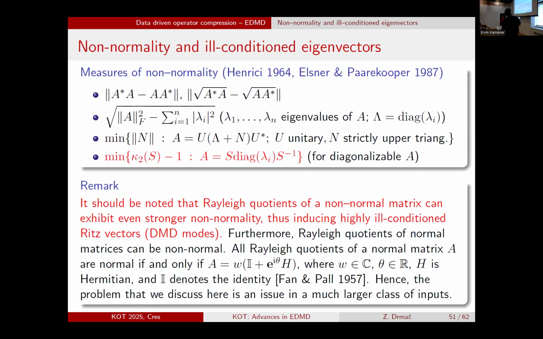Of course, non-normality is an issue, and it appears everywhere. Even if the matrix is normal, its submatrices or Rayleigh quotients might be non-normal. So sometimes this is like a silent killer in numerics, like they say for high blood pressure, it's a silent killer in the population.